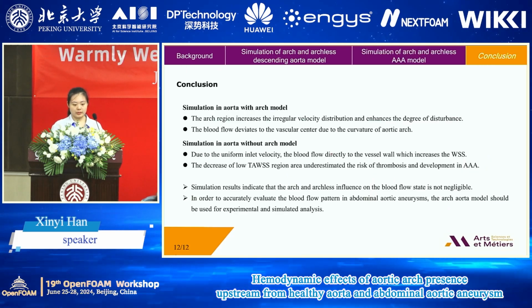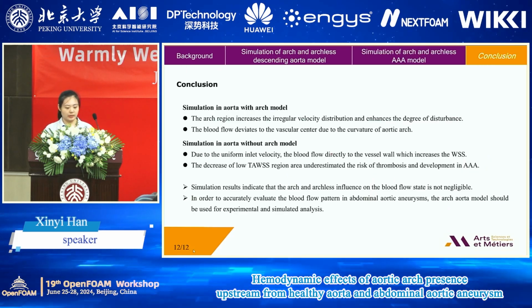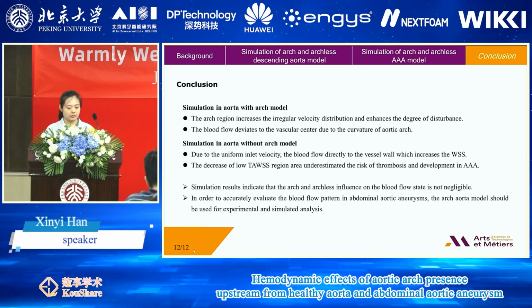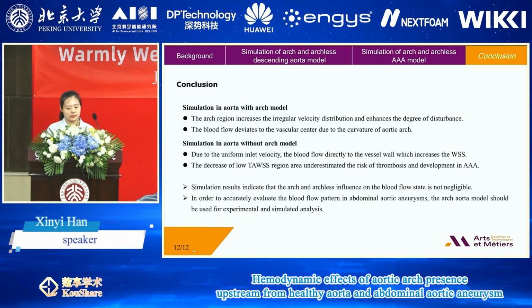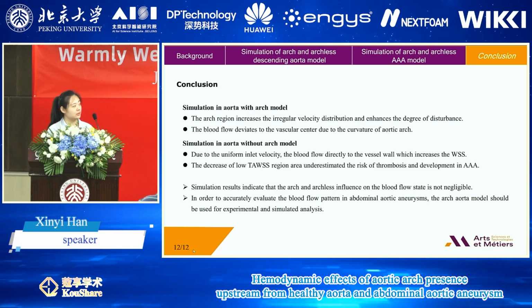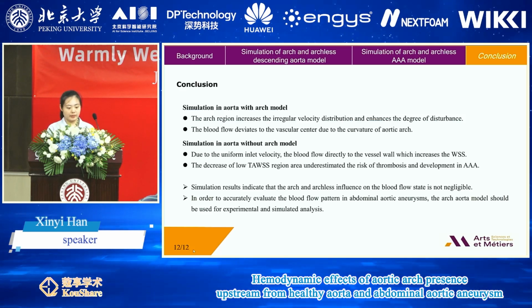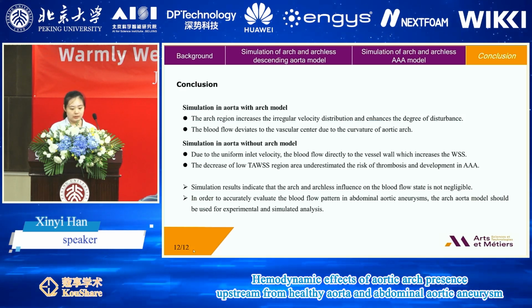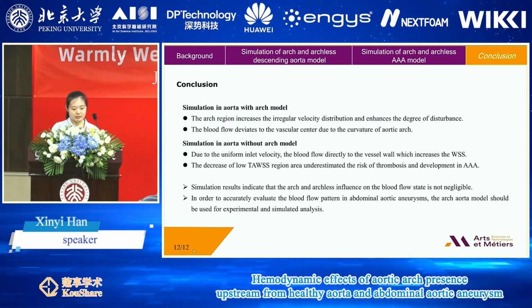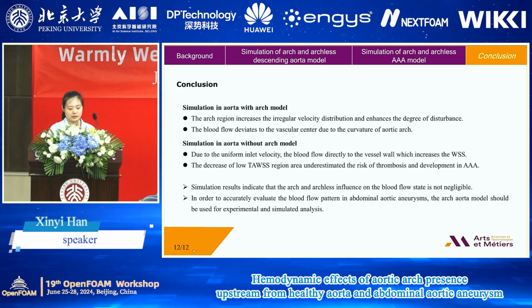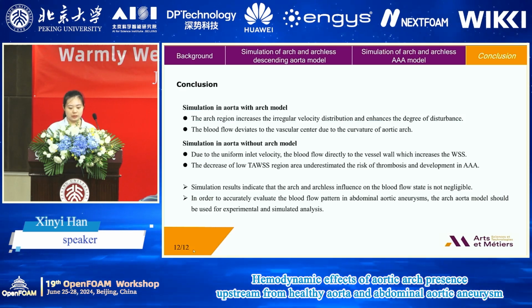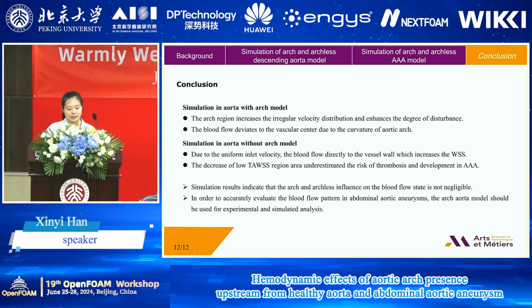In conclusion, for the simulation in aorta with arch model, the arch region will increase the irregular velocity distribution and enhance the degree of disturbance. And the second point, the blood flow deviated to the vessel center due to the curvature of aortic arch.